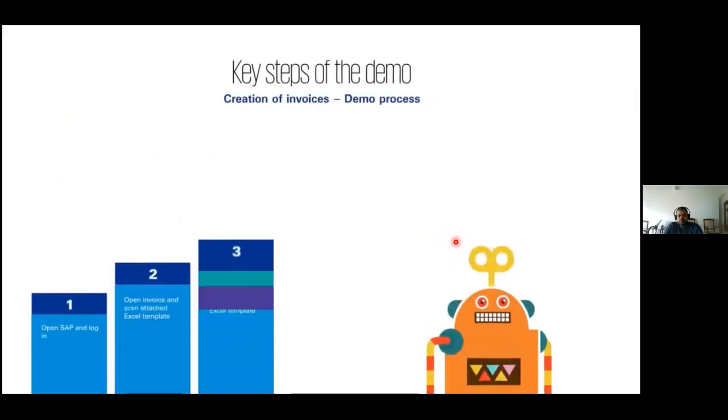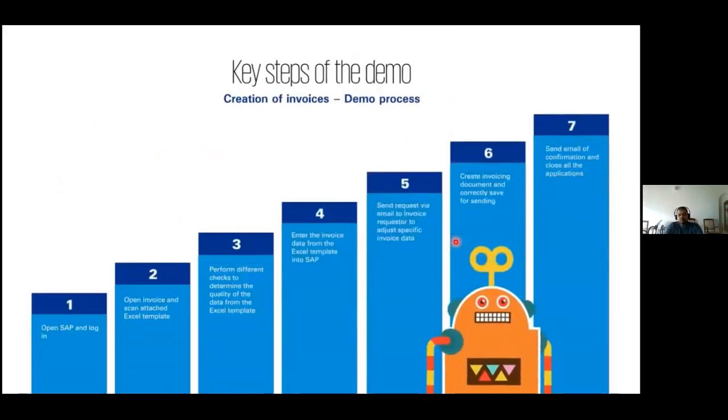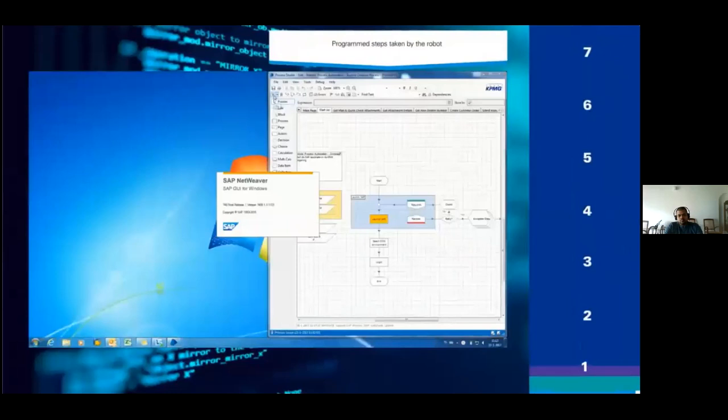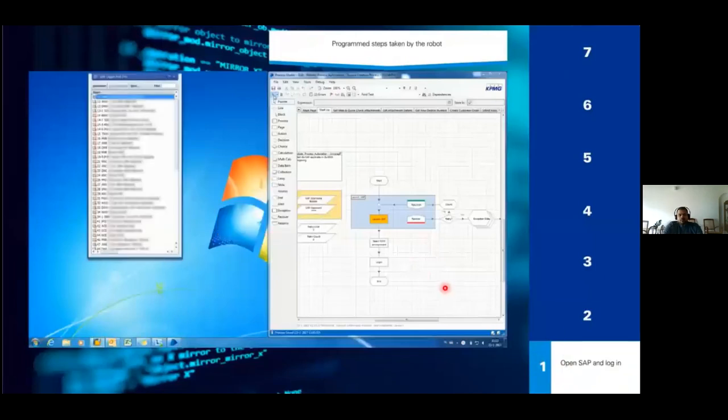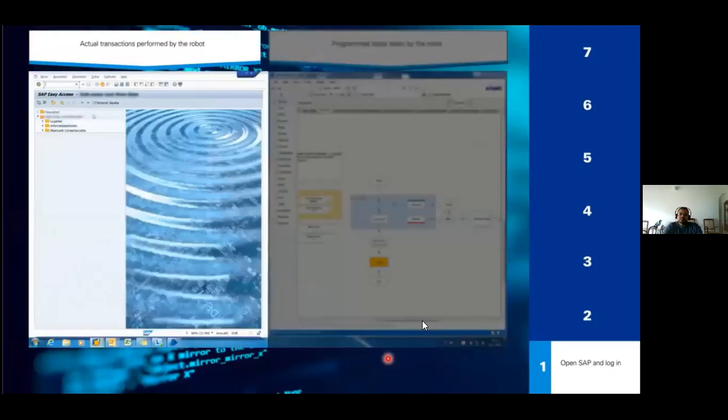The key steps for the creation of invoices are as follows. In this process, the invoice request is received and opened, relevant data is entered into SAP, and the invoice document is created. At the beginning of the process, the software robot opens the correct environment in SAP and logs in.